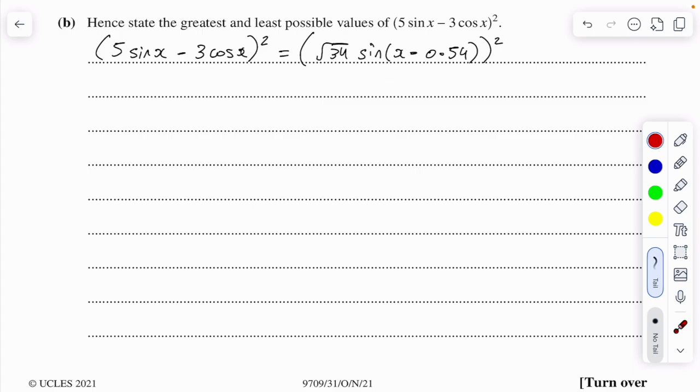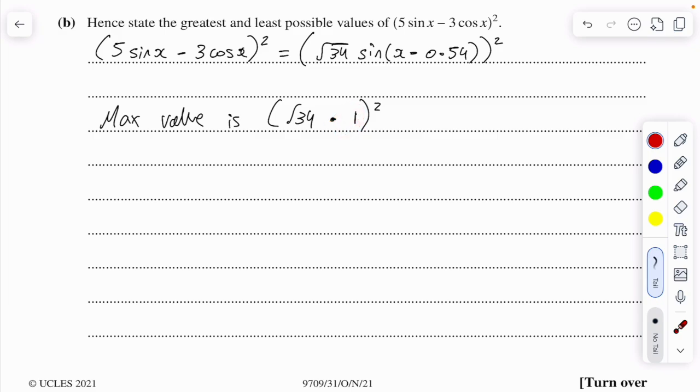Now we need to find the max value. So max value is going to be what? Well, that's going to equal root 34 times 1 squared. Why the 1?